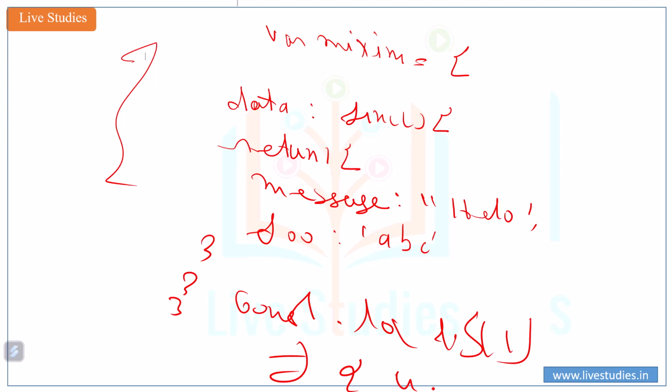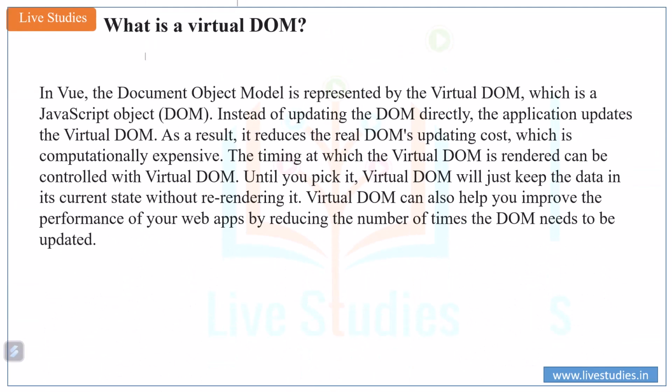Another question is, what is the virtual DOM? In Vue, the document object model is represented by the virtual DOM, which is a JavaScript object. Instead of updating the DOM directly, the application updates the virtual DOM. As a result, it reduces the real DOM's updating cost, which is computationally expensive.